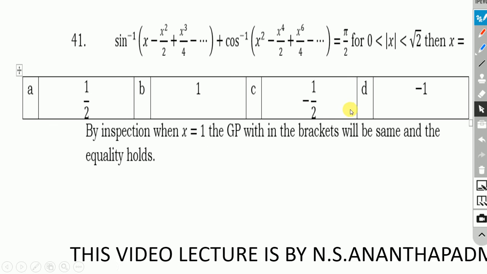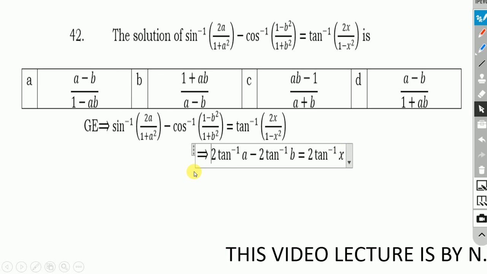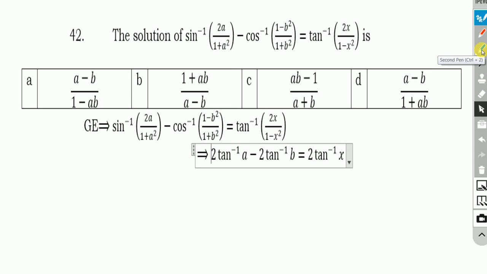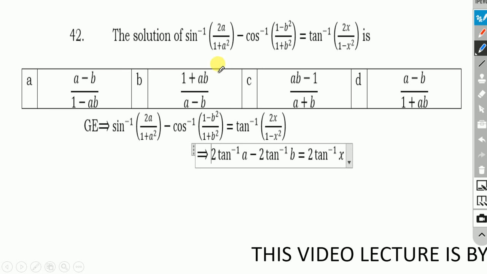Next, the solution of sine inverse of 2a by 1 plus a square minus cos inverse of 1 minus b square by 1 plus b square is equal to tan inverse of 2x by 1 minus x square.